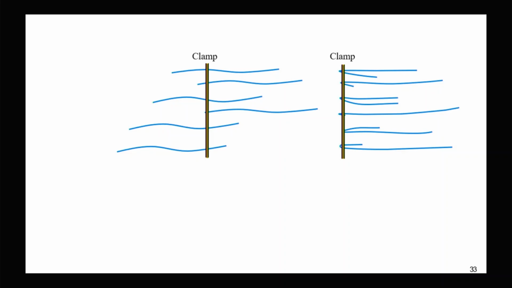Now let us consider all the fibers are of equal length. All of equal length. Now in the Fibro sampler clamp, the fibers are picked randomly at any point. That's the condition.